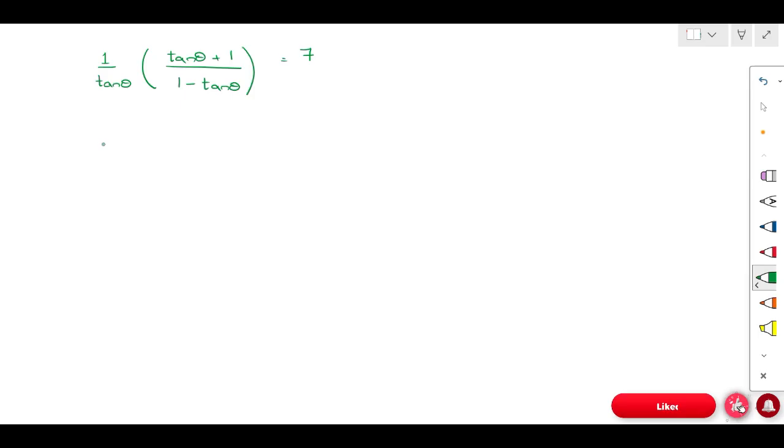Here we can do: 1 plus tan theta is the numerator and the denominator is tan theta minus tan square theta. This equals 7. Cross multiply: 1 plus tan theta equals 7 multiplied with tan theta minus 7 multiplied with tangent square theta.